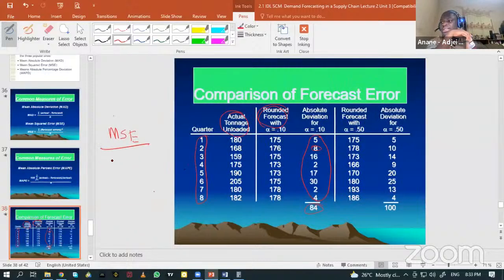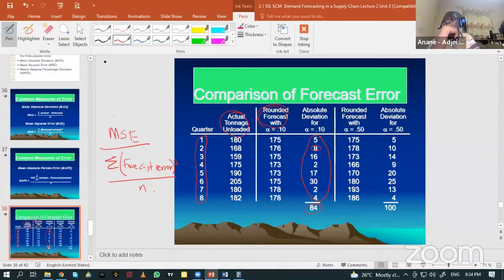And the formula is the sum of the forecast errors squared, all over n. The sum of the forecast errors squared, all over n.